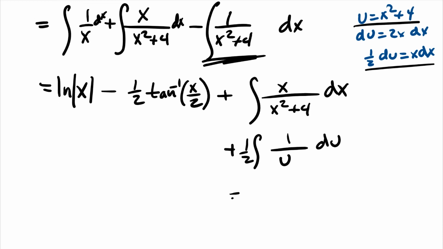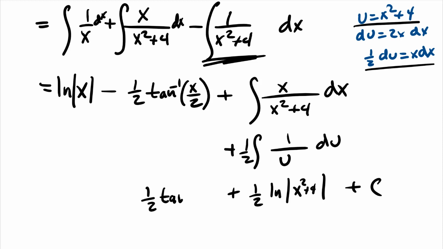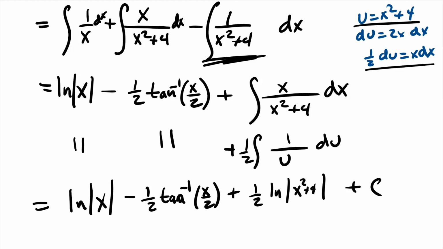So we're going to end up with 1/2 the natural log of the absolute value of u plus c. But u is just x squared plus 4. Now we can write in the rest. And there's our solution.